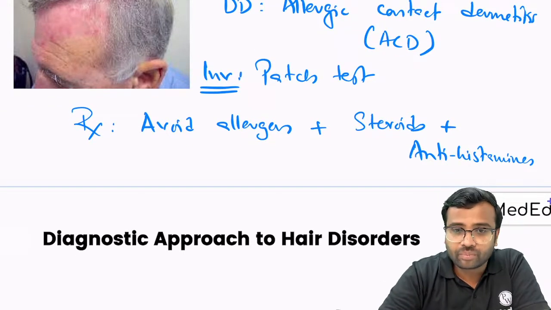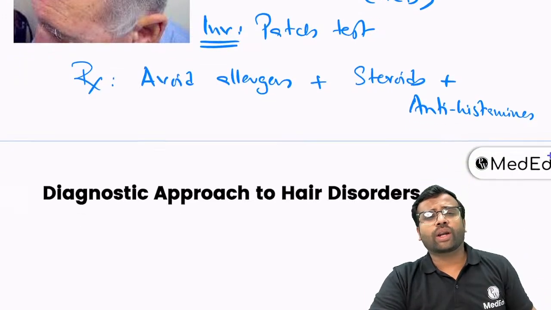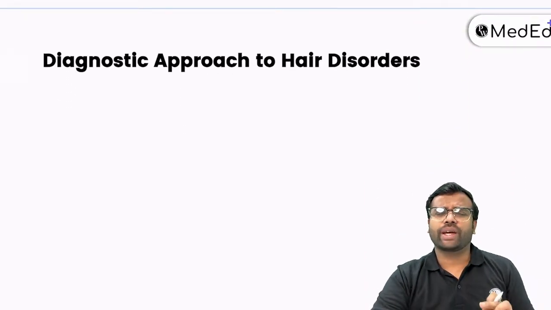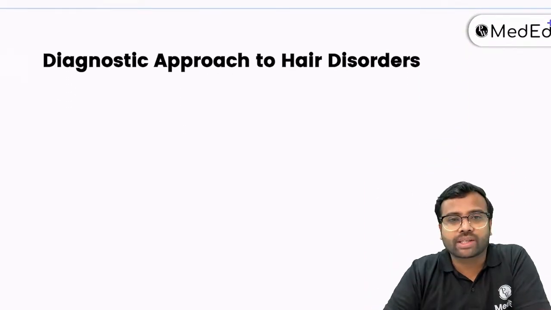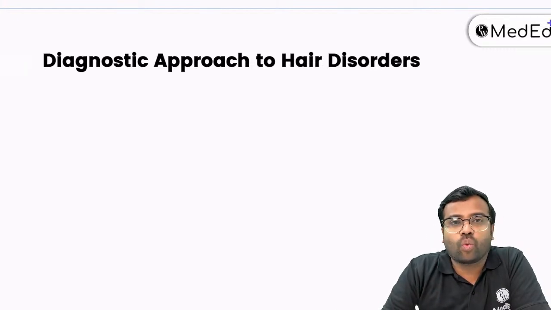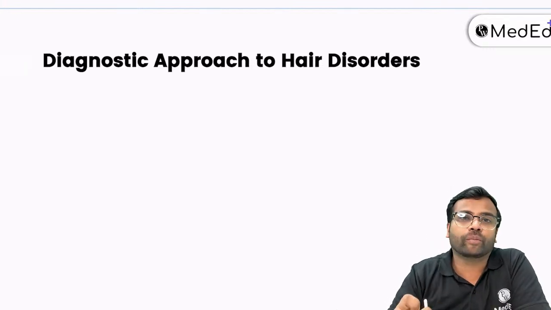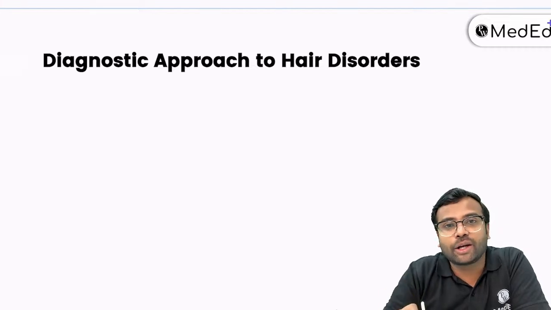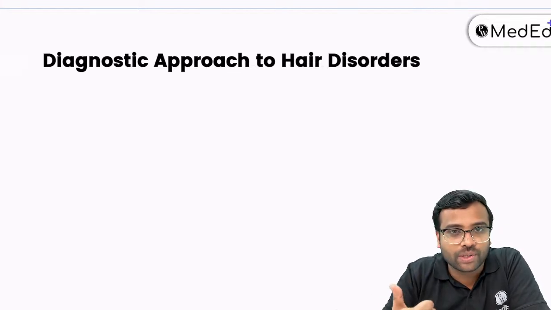Yeah. So now let's see. We have discussed various common presentations. Now in all these presentations, what you have to do right now during this learning phase is try to be a good physician who can observe things.